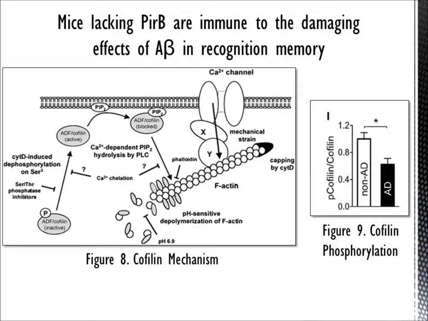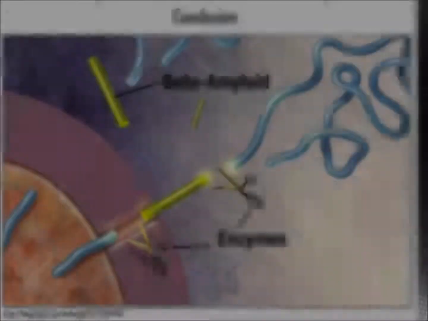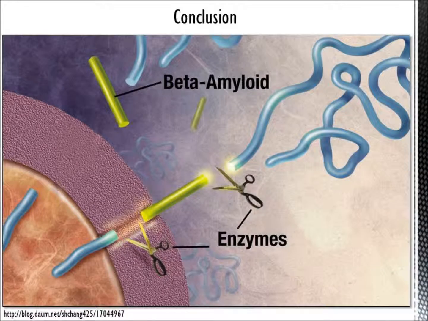This connection between cofilin and PIRB supports the hypothesis that PIRB regulates synaptic plasticity in the Alzheimer's model. Soluble A-beta oligomer fragments acting as a decoy that selectively block leukocyte B2 function may be promising for treatment of Alzheimer's disease, even in the prodromal stage.